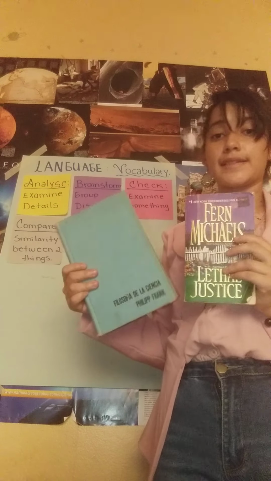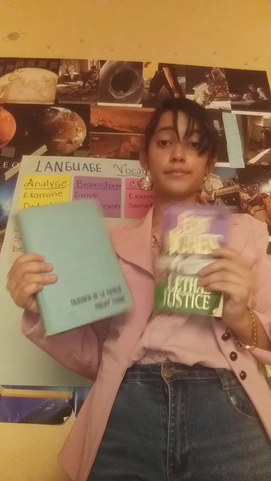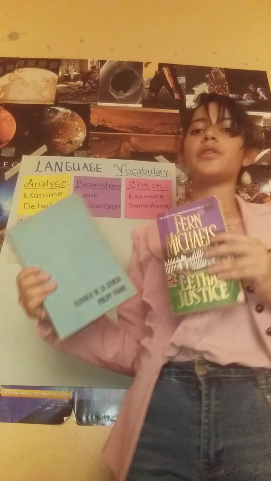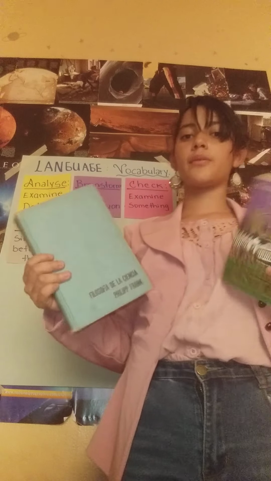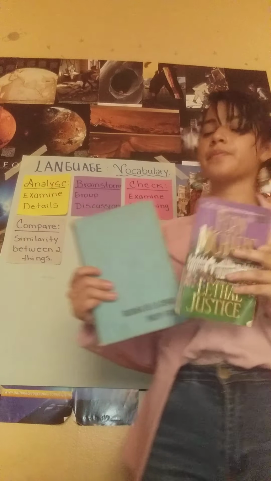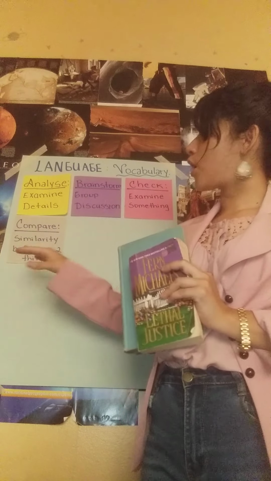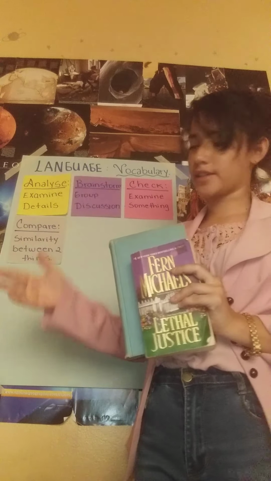So maybe I can say the blue book is bigger than the other one. I am comparing both books. Or maybe I can say I prefer this book because the story is more interesting. I am comparing. That's compare.